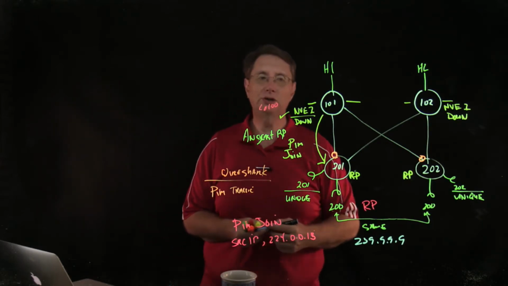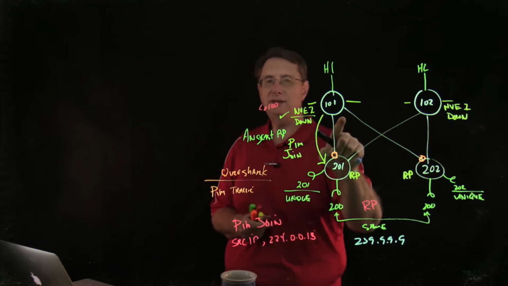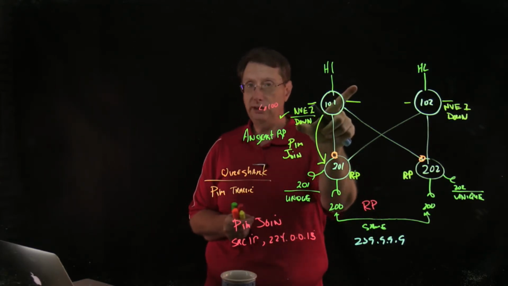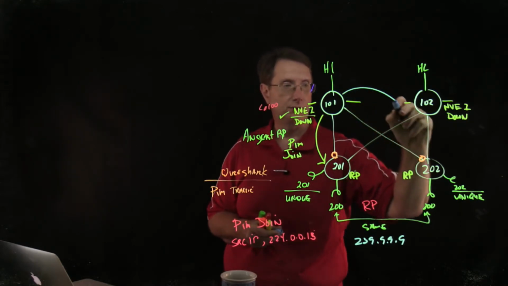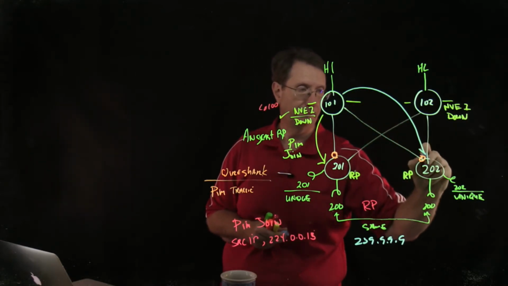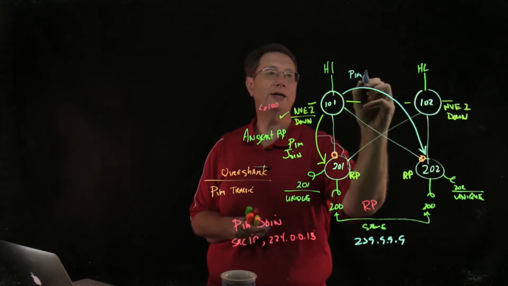It's also important to note that once that actually happens, the NVE on Leaf 101 is going to send a message called the PIM register message.